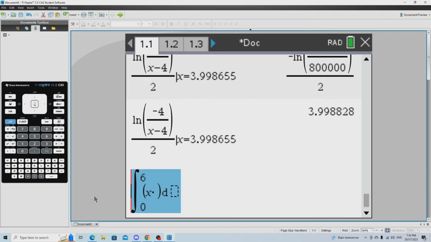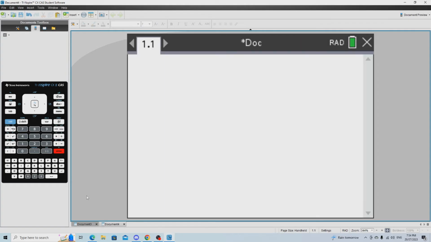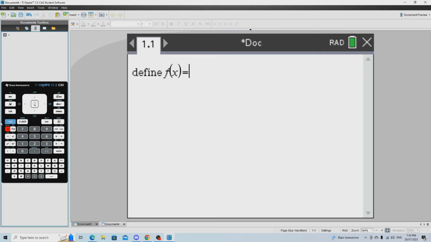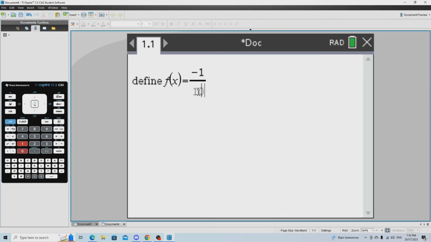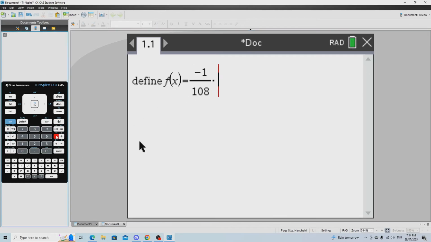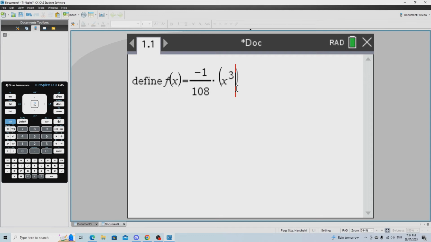Oh, we haven't even... Okay, wait. Control N and make a new one. What we want to do is define f of x as negative 108, so 108 times x to the power of 3 minus 6 squared.